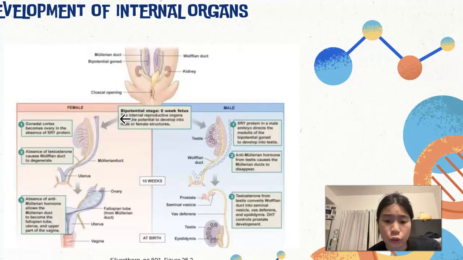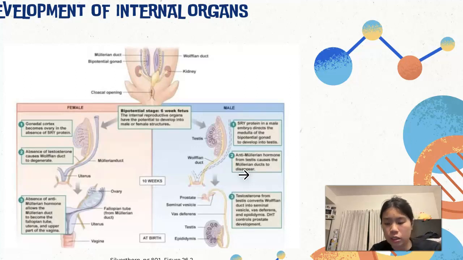The testes would secrete anti-Mullerian hormone, and this would cause the Mullerian ducts that originally existed to disappear, and the Wolffian duct will develop into internal male structures.